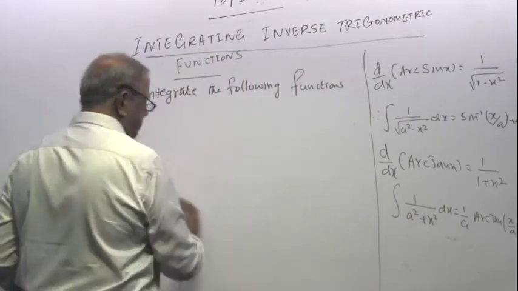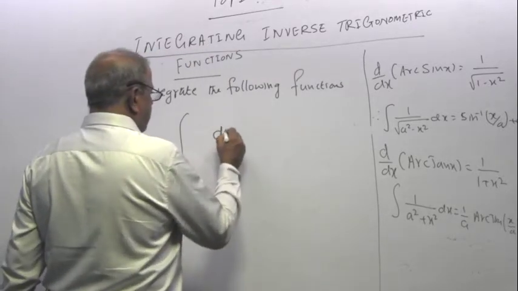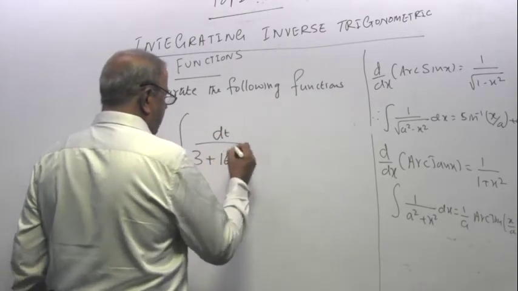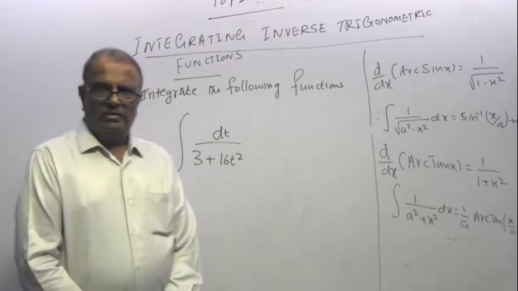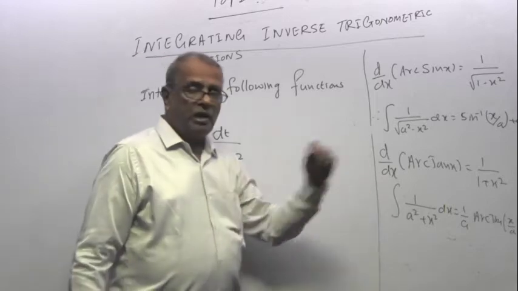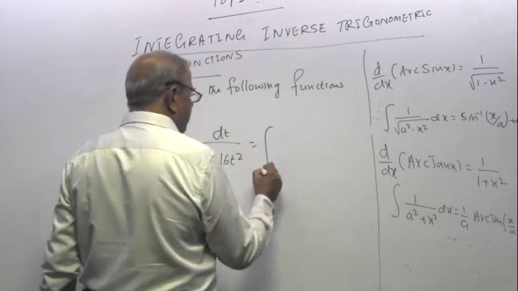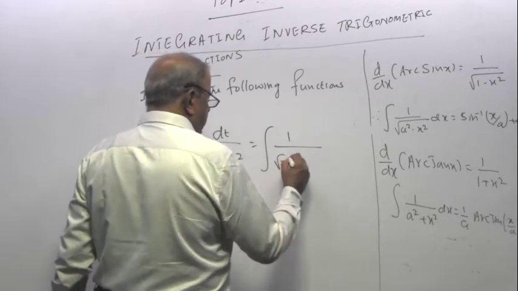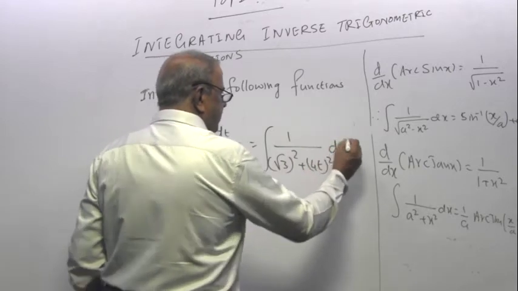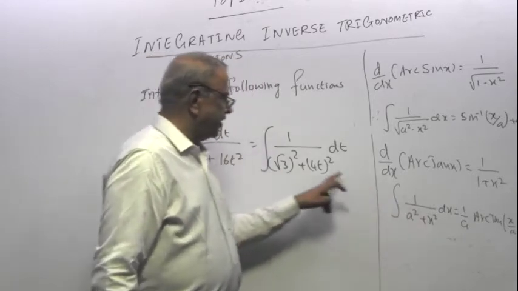Let's take another example. Integral dt over 3 plus 16 t squared. Fine. It resembles 1 over a squared plus x squared. But it's not exactly the same, so write it in that form. So it's integral 1 over root 3 whole squared plus 4t whole squared dt. Now when you compare, your a is root 3, your x is 4t.